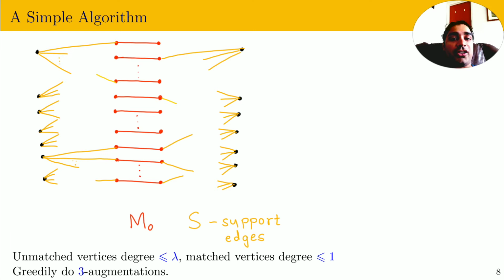You go from top to bottom over this maximal matching M0 and try to augment it using the support edges. If you can augment it, augment, otherwise move on to the next. So that's our algorithm. That's a two pass algorithm. Now we'll analyze this.